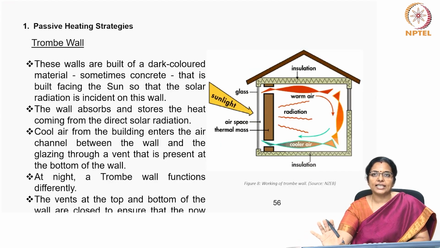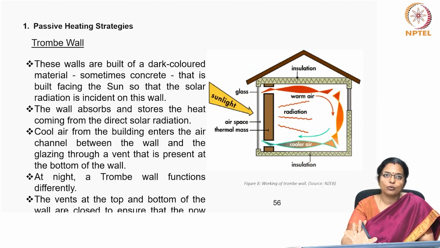Now, passive heating strategies. I will quickly give you a glimpse of how some of the passive strategies work, and then we will see the details in the next few classes. Trombe wall. These walls are built of a dark colored, very heavy material, sometimes concrete, facing the sun so that the solar radiation is incident on the wall.